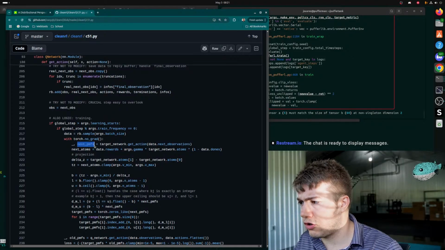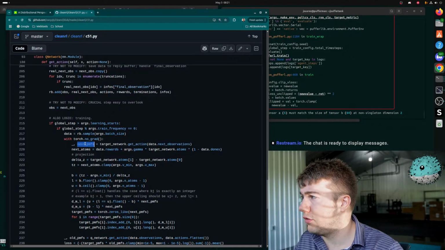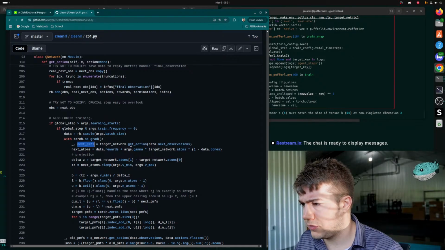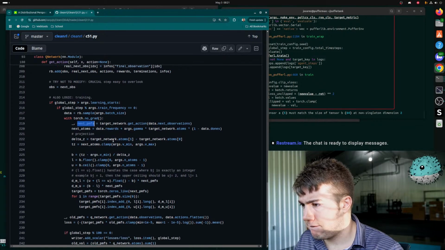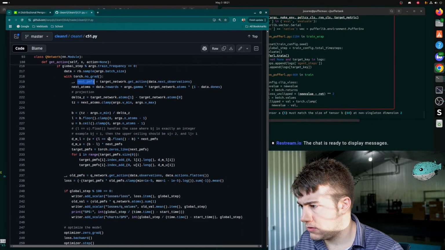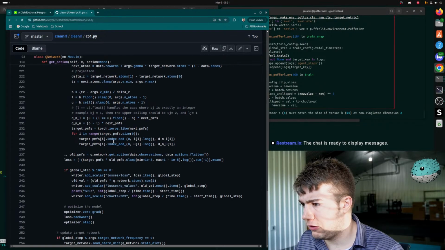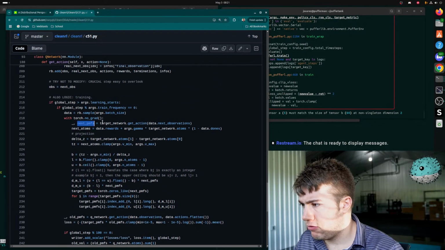So this is just our value function output, softmax of our value function output right here. And then they do next atoms, reward plus gamma times atoms. Yeah, now we have to figure out this mess here. So we have delta Z, target network dot atoms of 1 minus target network dot atoms of 0.